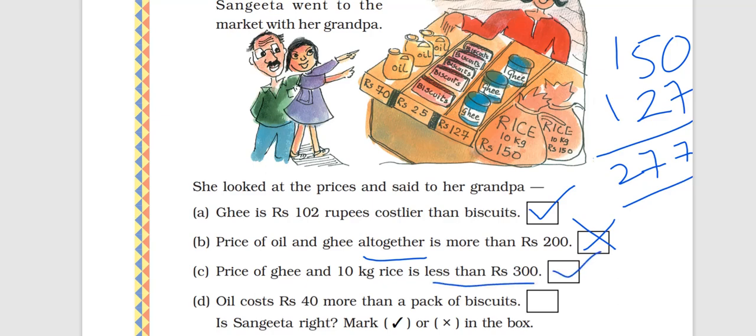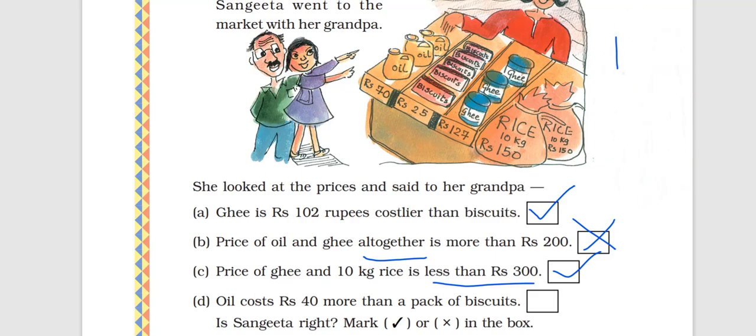So that is right. Oil costs 40 rupees more than a pack of biscuits. More, there is our keyword, more than. Pack of biscuits is 25. Oil is 70, right? 70 minus 25.